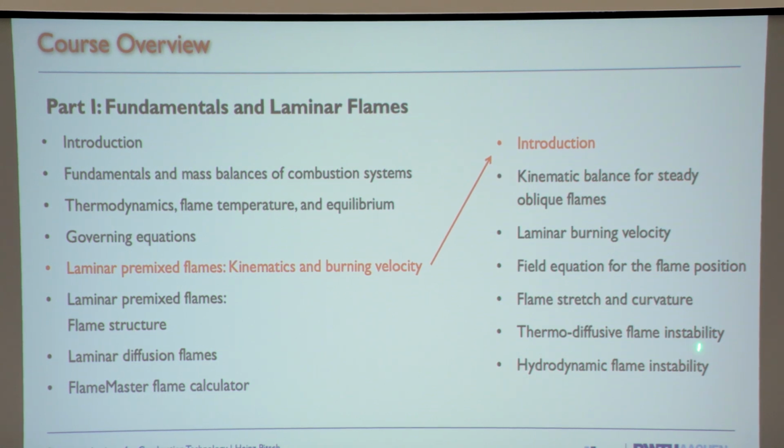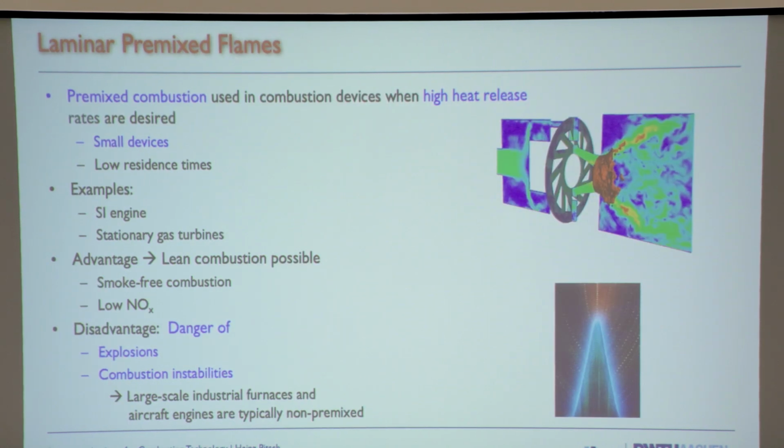Then we look at the effect of stretch on flames, which includes strain and curvature, and then we look at instabilities that happen in flames, which are very important, for example, when we talk about high pressure combustion, or also when we talk about hydrogen. Most of these things I've said already yesterday.